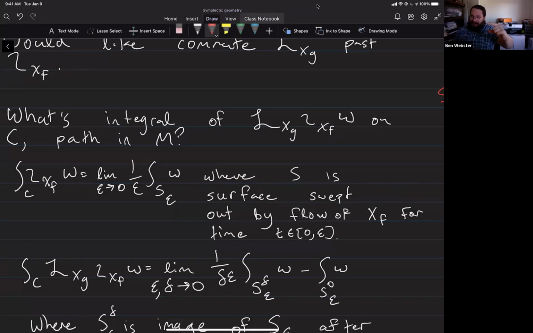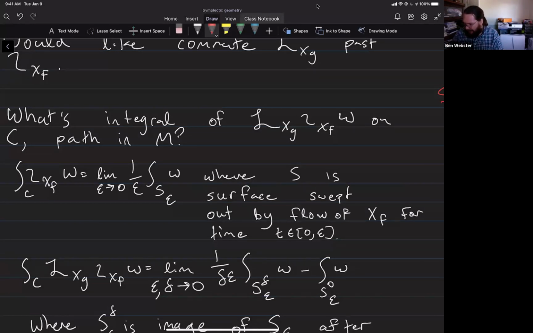And then I think about, as I send the time that I evolved by to 0, my surface gets skinnier and skinnier. In fact, the integral along it is going to get closer and closer to being proportional to epsilon. So I divide by epsilon. So it's the derivative of the integral over that surface with respect to time as I evolve the surface for longer and thus get a bigger integral. So it's capturing how I also incorporate the direction that my vector field pushes me off.